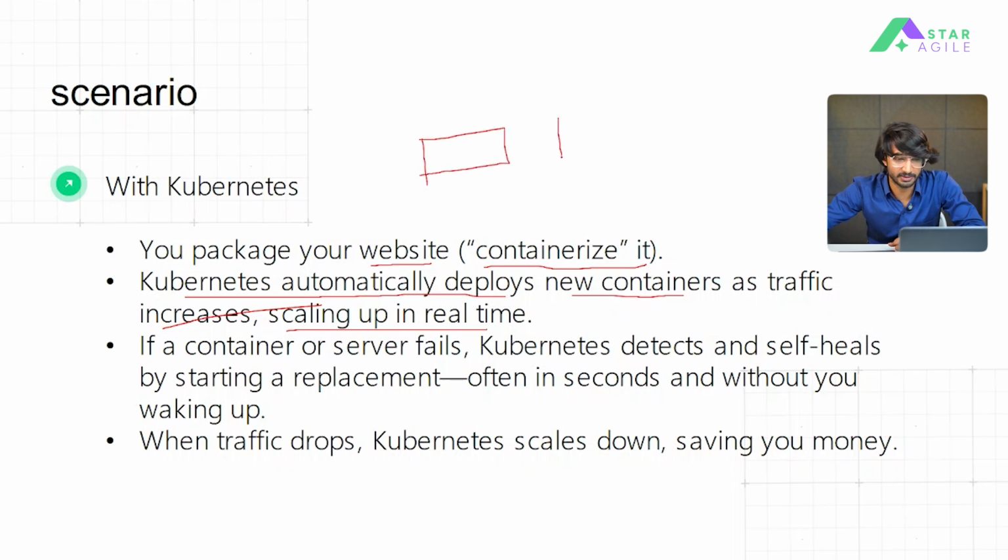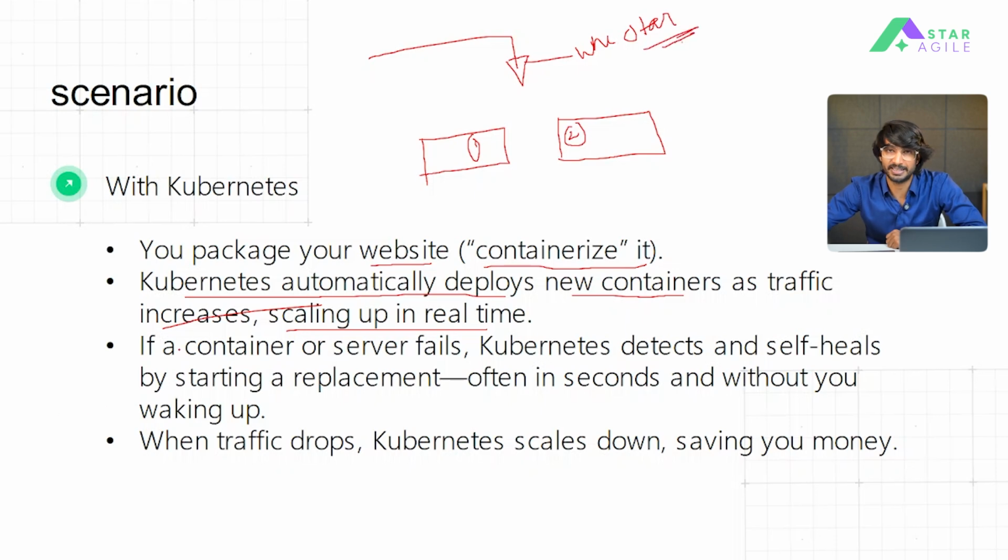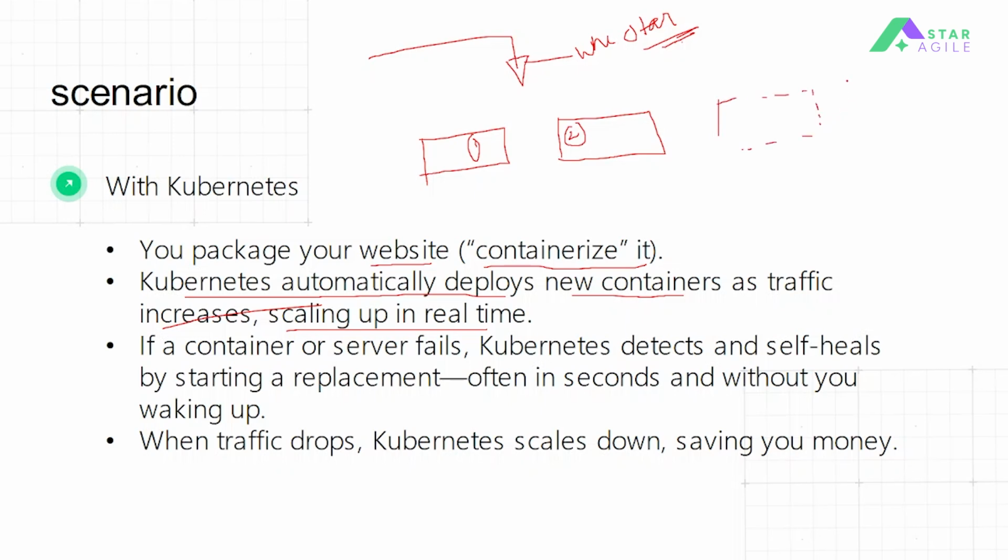Imagine you started with 2 containers. And when the load started to increase, Kubernetes will automatically detect the increase in load, and it will automatically create one more container to deal with this.